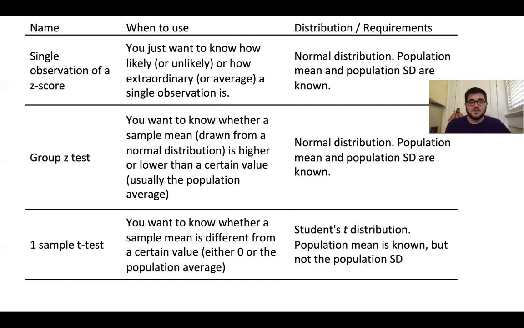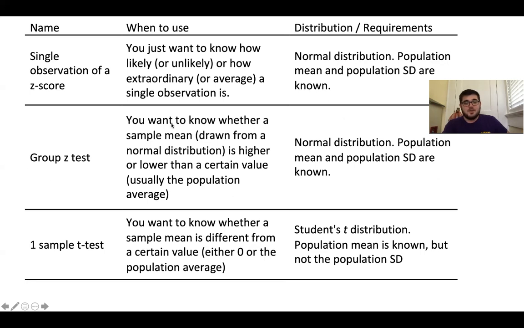If you're curious, there are situations where it's more or less obvious. For instance, if I'm talking about IQ scores, well, IQ scores have a known population mean and population standard deviation. It's always population mean is 100, population standard deviation is 15. They're forced to have those values. They're standardized.